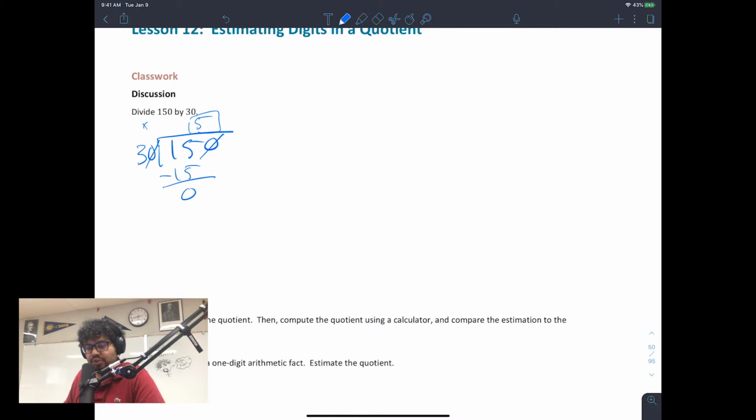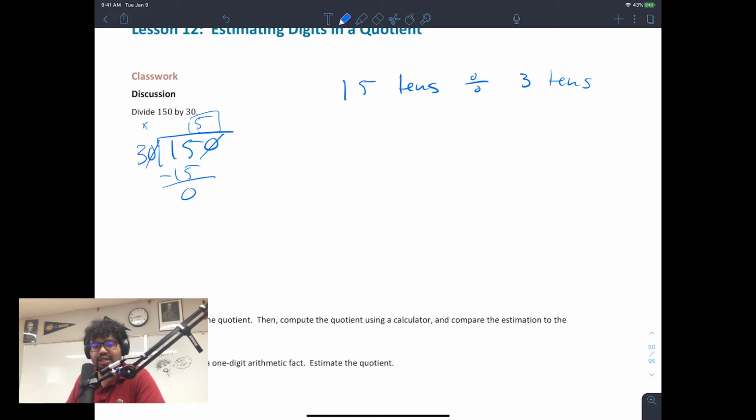Another way we can think about doing this is to say that we are dividing 15 tenths by 3 tenths. Why 15 tenths?